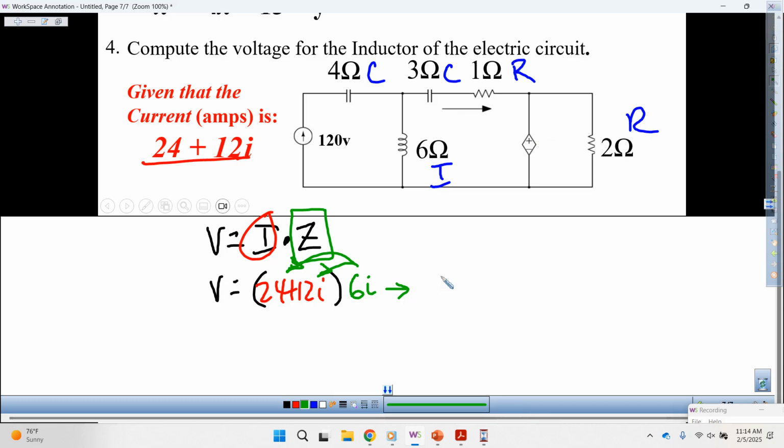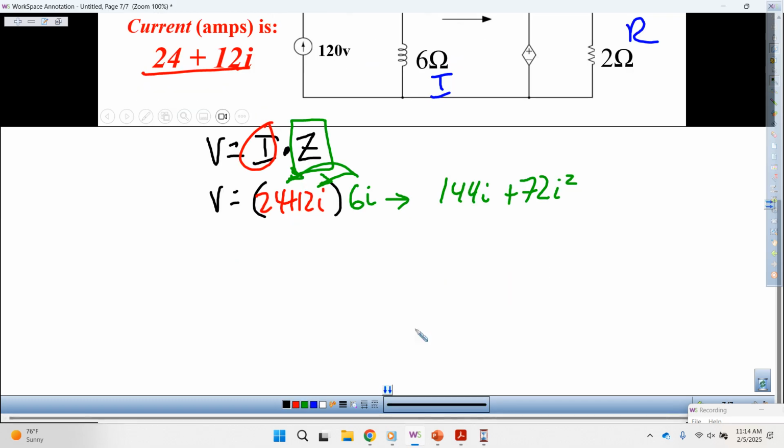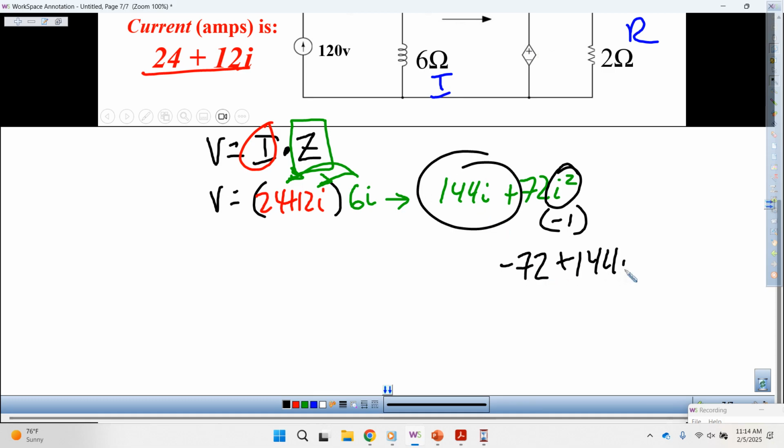So it should give us 144i plus 72i squared. Am I done, everyone? No. What do I do for the i squared? Times -1. So -1 times 72, that's -72. This goes at the end. And that is the voltage going through the inductor.